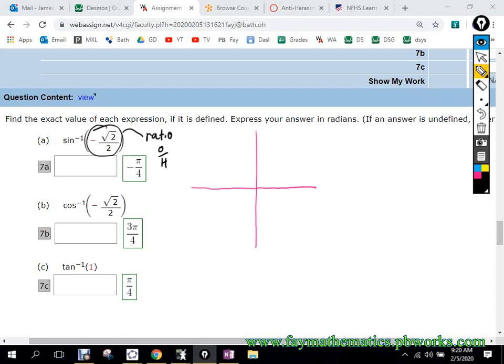If we remember, the sine inverse is only going to give you results that come out of these two quadrants. Does that make sense? So it does not exist over here. So we would not draw pictures over here.